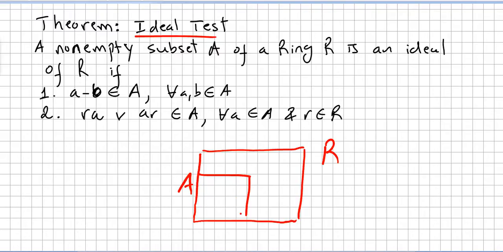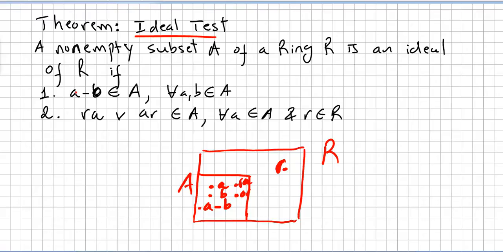This subring will be an ideal if for all elements A and B in A, the element A minus B is also in A, and for all R in the ring and A in the subring, RA and AR are both in the subring.